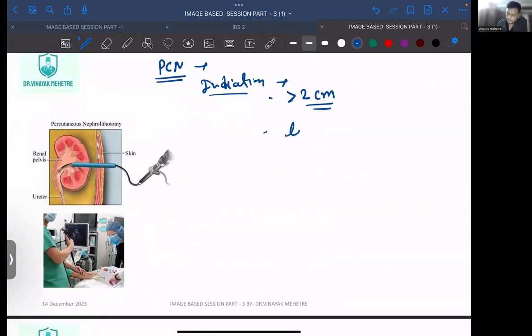So lower calyx stone, right? The patient is having obstruction, suppose here and here, that is called distal obstruction of the kidney. Okay, so any stone which is going to impact on the ureter will also be removed by PCNL.